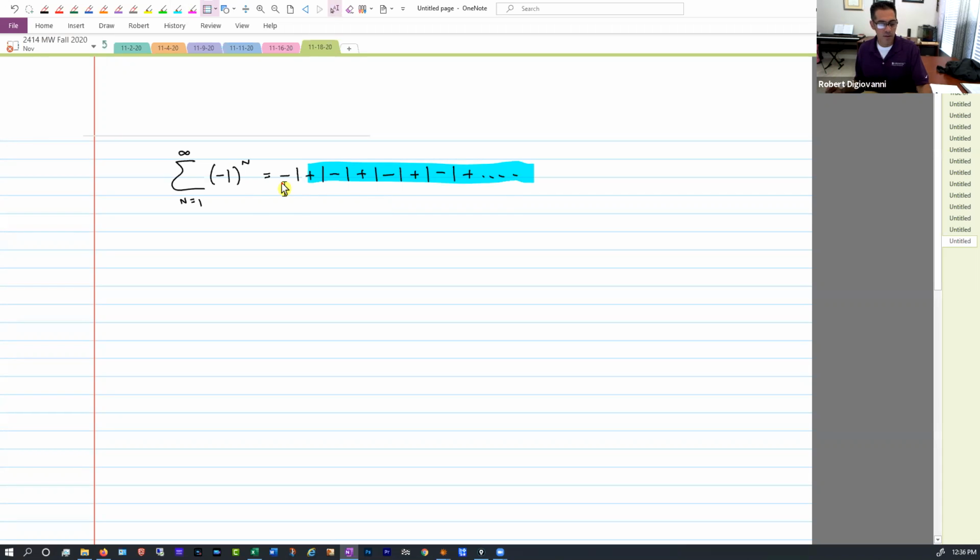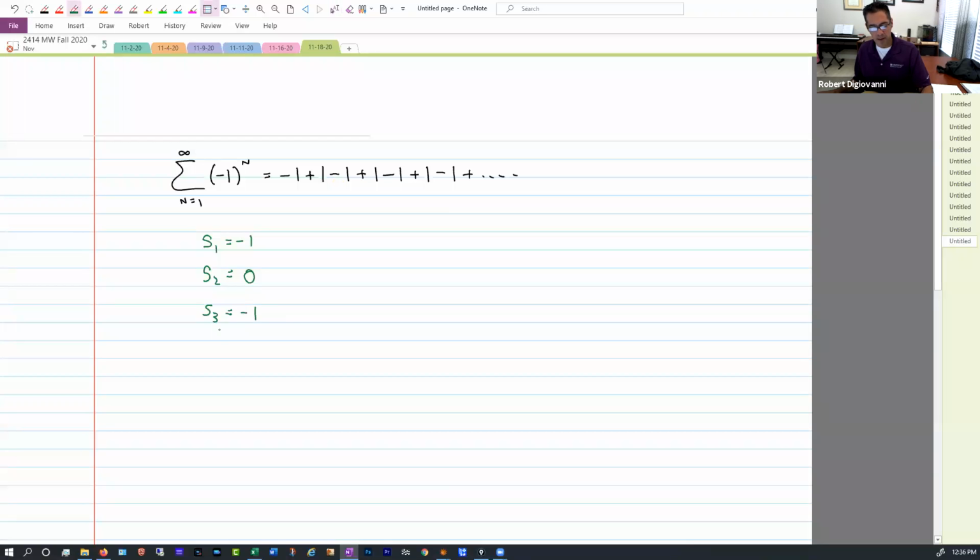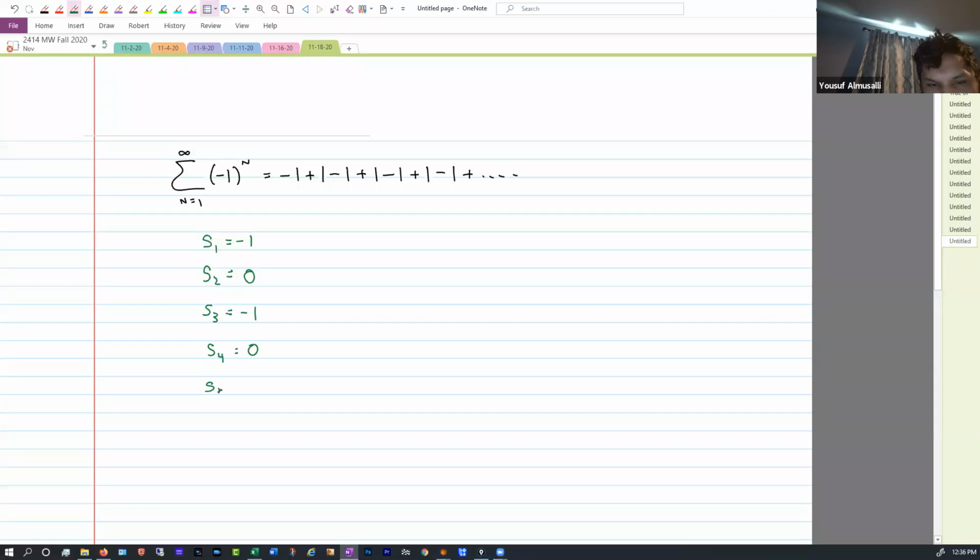If we're looking at partial sums, S sub 1 would be just the first one. S sub 2 would be the first 2 added, which would be 0. And S sub 3 would be the first 3 added, which would be back to -1, and then 0, and then back to -1, right?